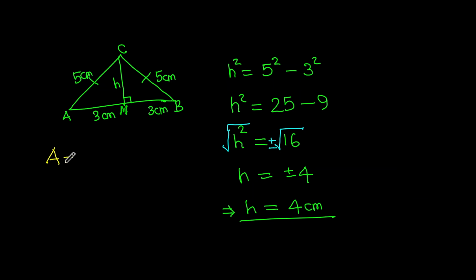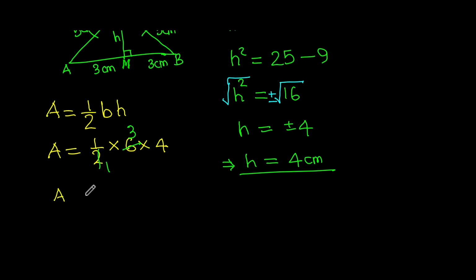Here, the area is given by a half times the base of the triangle AB times the height of the triangle, and here we can make substitution, and we have 1/2 times the base AB, and that is 6, times the height, which I've just gotten, that is 4, and we can move on to reduce the 2 by 2 here to 3, and our area of the isosceles triangle is also 12 square centimeters as before. So these are the two ways in which we can calculate the area of this isosceles triangle.